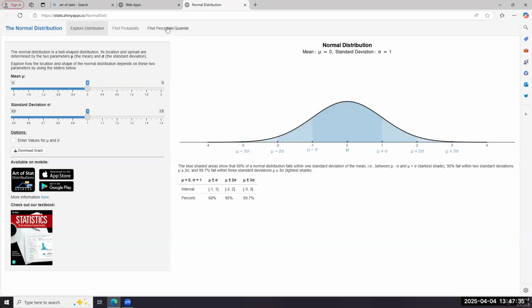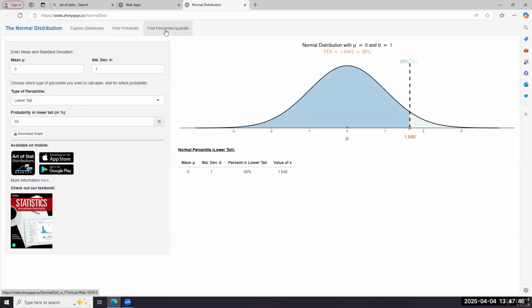Look at this one. The top is find percentile. The previous one, we used the probability. Now for this problem, we are going to find the percentile. So you are going to put your mean here.